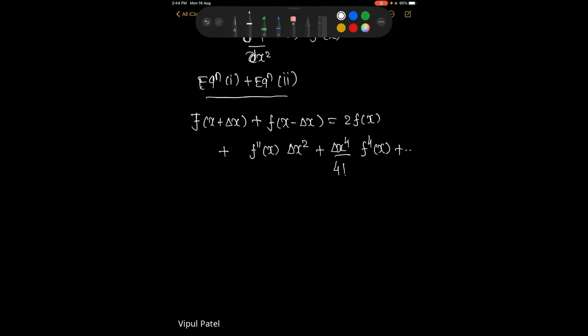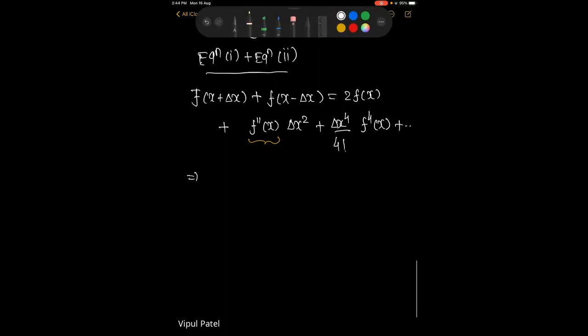Okay, so here we are interested in f double prime x, right? So we will keep this particular term as it is, and we will take other terms to the left hand side. So my final equation will be something like this. So f double prime x will be equal to f of x plus delta x, which is nothing but this particular term.